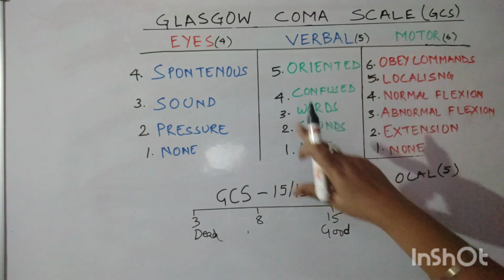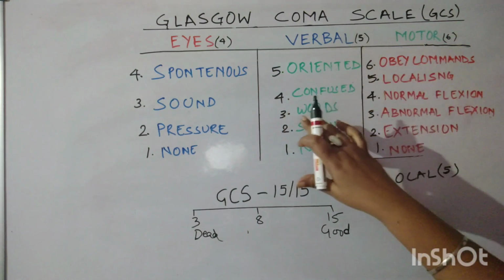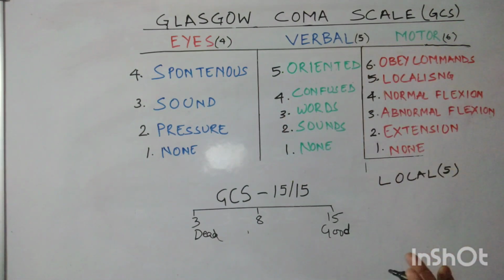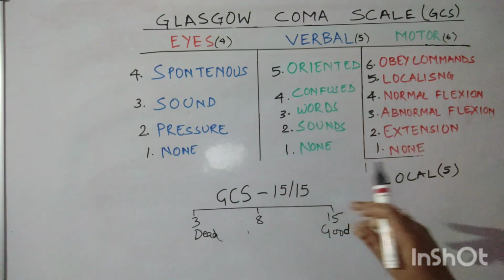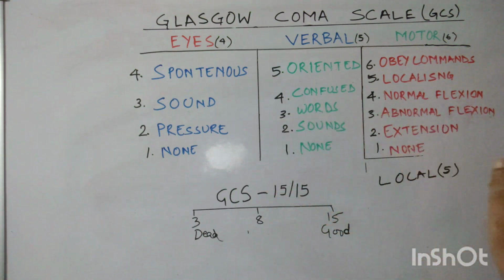Confused means the patient will talk but his words will be confused, like he will talk on one topic and start another. In the third score, the patient is only uttering words, not appropriate talking, not a sentence.